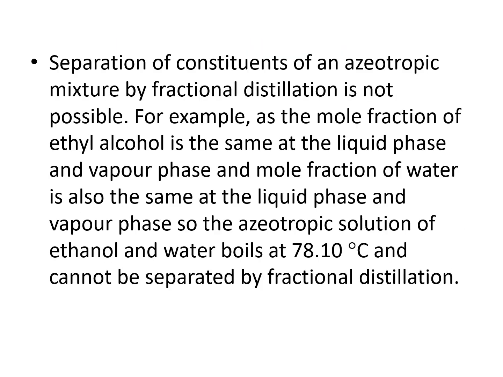The separation of the constituents of an azeotropic mixture by fractional distillation is not possible. As the mole fraction of ethyl alcohol is the same in the liquid phase and in the vapor phase, and the mole fraction of water is almost the same in the liquid phase and the vapor phase, the azeotropic solution of ethanol and water boils at 78.10 degrees and cannot be separated by simple distillation or fractional distillation.